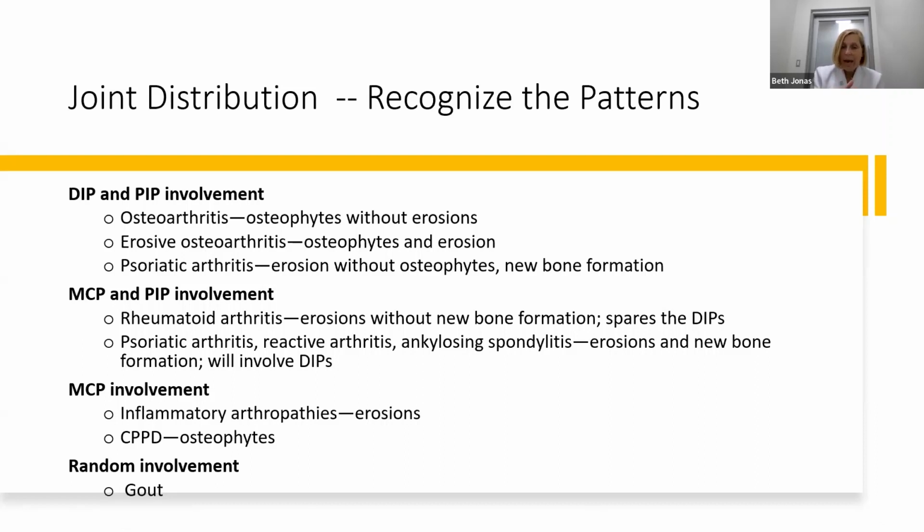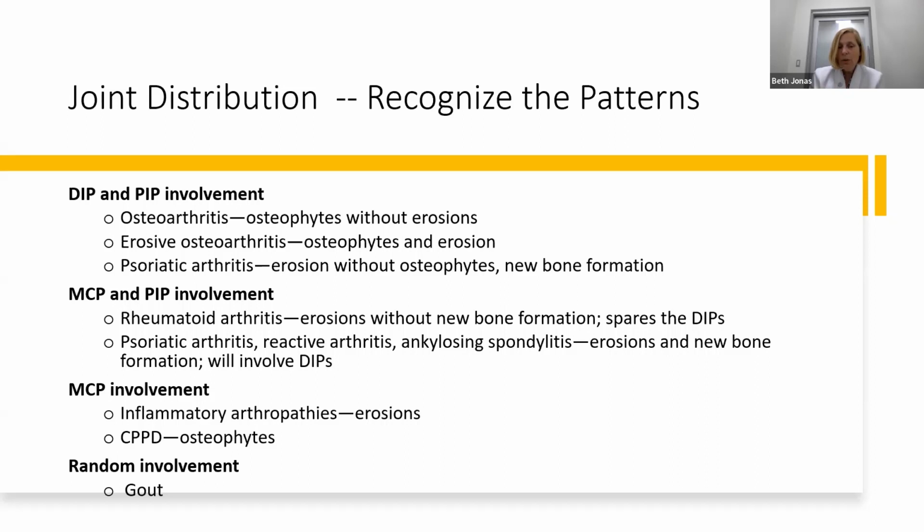So if you see that pattern, you may want to be thinking about rheumatoid arthritis. The spondyloarthropathies, such as psoriatic disease, reactive arthritis, and ankylosing spondylitis, can have erosions and new bone formation, but often also involve the DIPs. DIPs are very rarely involved in rheumatoid arthritis. So if you've got DIP involvement, you want to be thinking, could this be another inflammatory arthritis such as psoriatic disease, or is it erosive osteoarthritis?